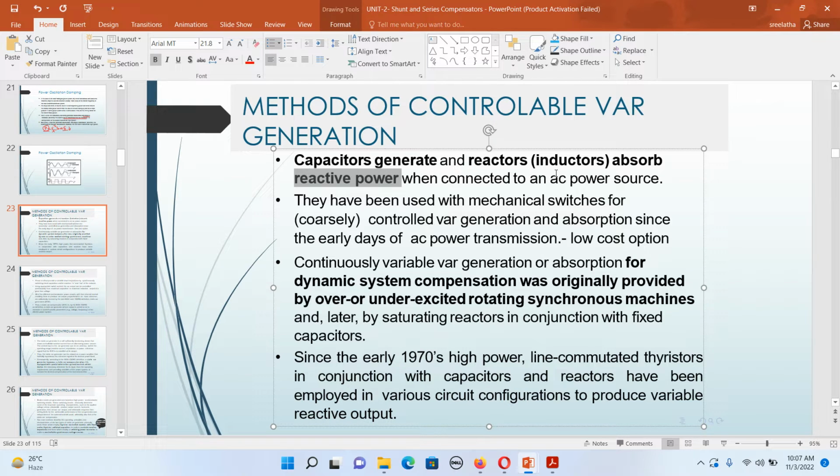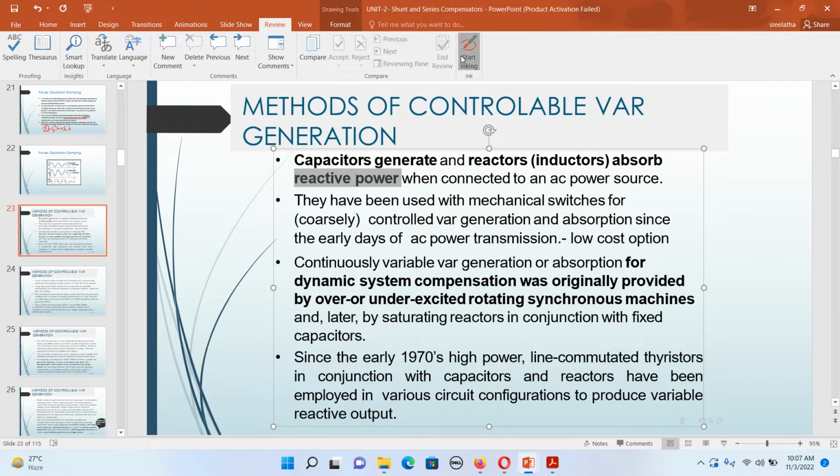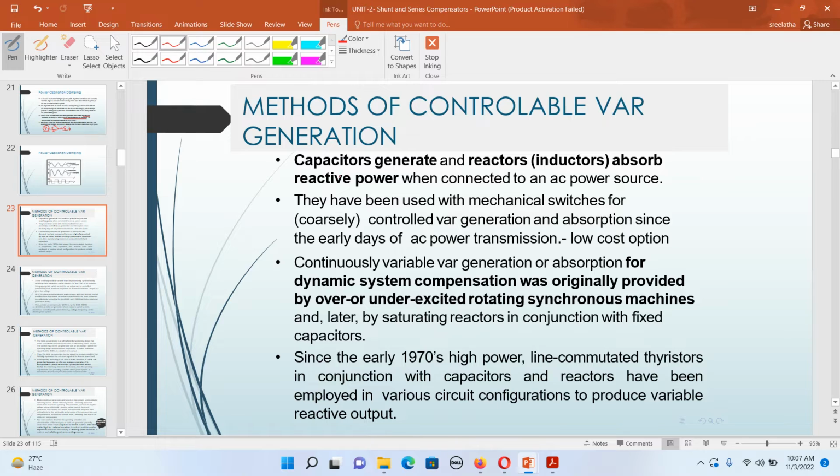In load carrying conditions we can see two different conditions: under voltage and over voltage. In under voltage, the voltage level is less than what is required, and capacitors help us generate more reactive power to compensate for that fall in voltage.